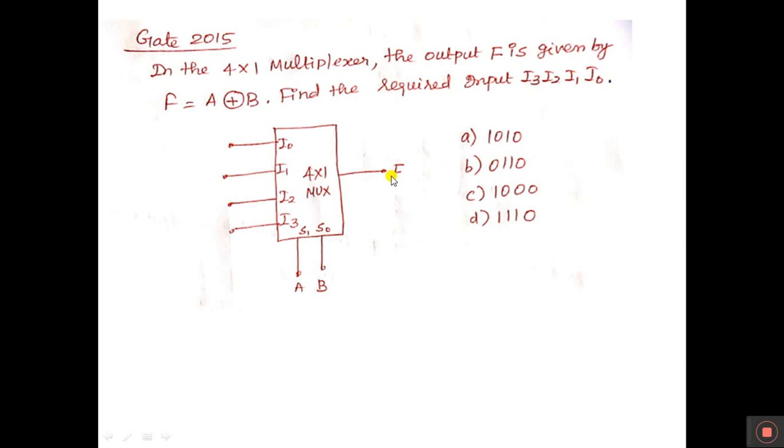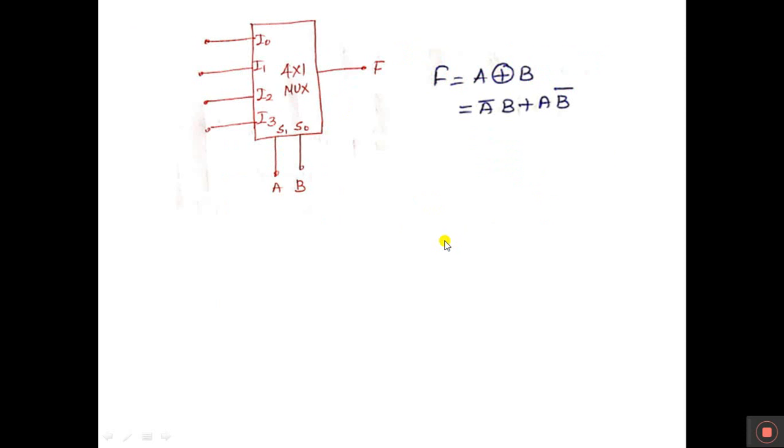The F value is given, and they are asking what the inputs of this 4:1 multiplexer are. The options: option A 1010, option B 0110, option C 1000, option D 1110. Let us find the solution.